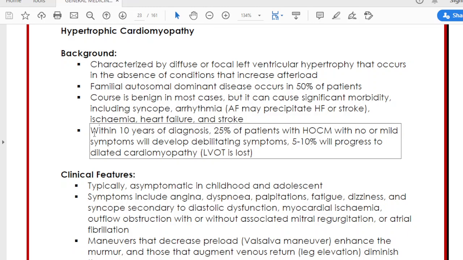Within 10 years of diagnosis, 25% of patients with HOCM with no or mild symptoms will develop debilitating symptoms, and 5 to 10% will progress to dilated cardiomyopathy, with LVOT obstruction lost.